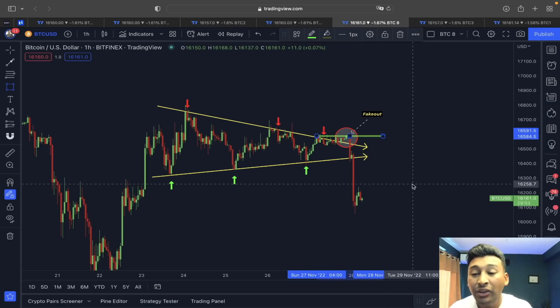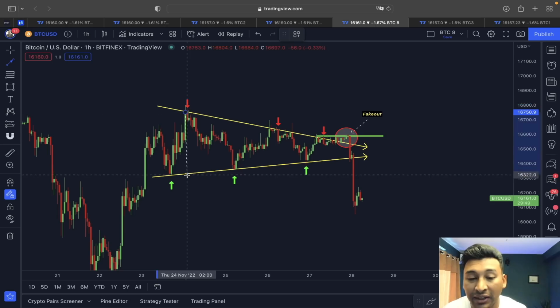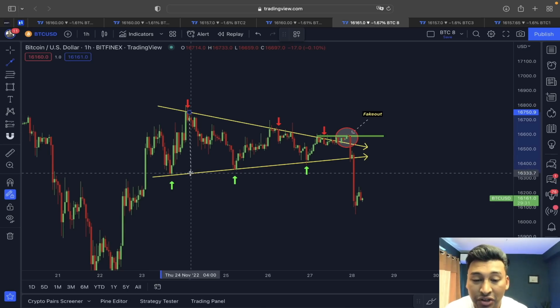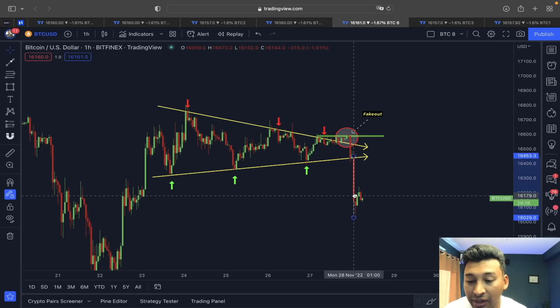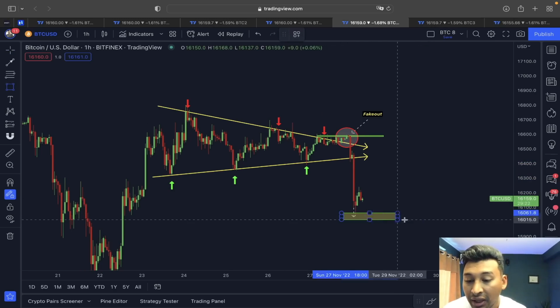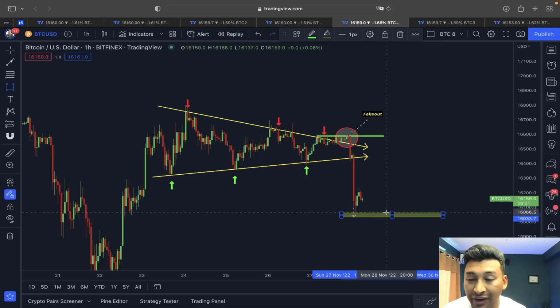So according to this symmetrical triangle, if the price is going to continue this downtrend, then I think for the medium short term, the price of Bitcoin has approached the target. You can see we came around this target line, 16,000, and also saw this relief rally. So what I'm actually expecting for the medium short term is some range bound, right?